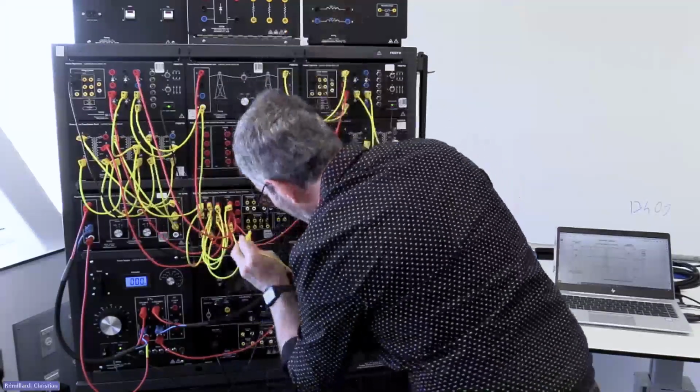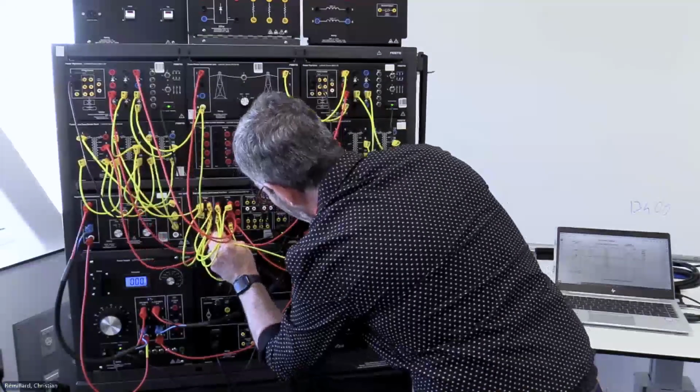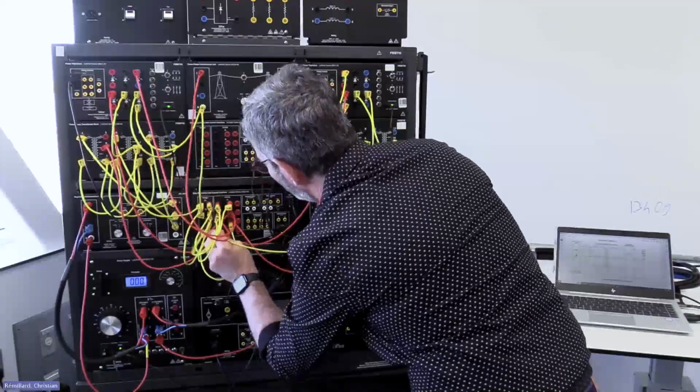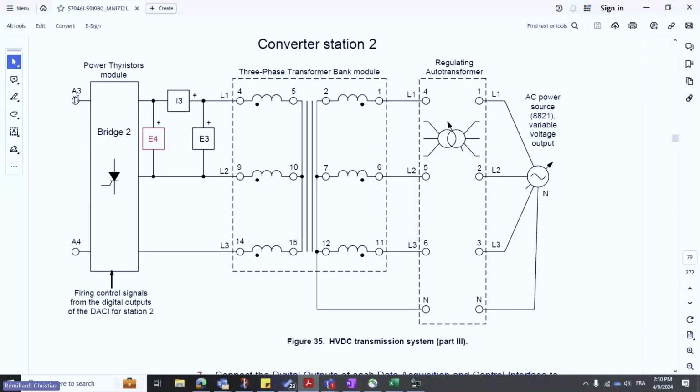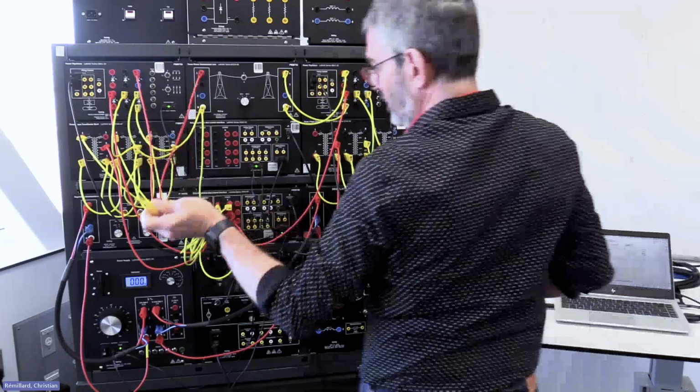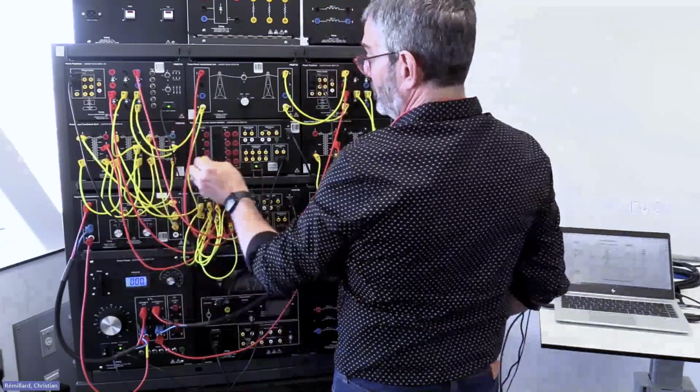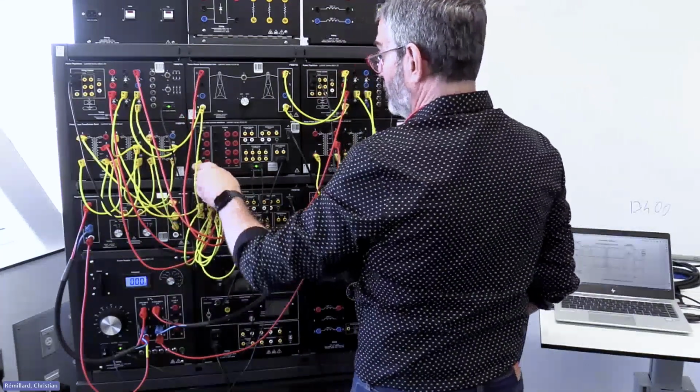And the negative of I3 goes to the positive of E4, except that, if you see here, E4 is shown in red to indicate that this E4 is from the second data acquisition module, because the E4 in the first data acquisition module is already connected. So this goes to the positive of E4 on the second data acquisition module.